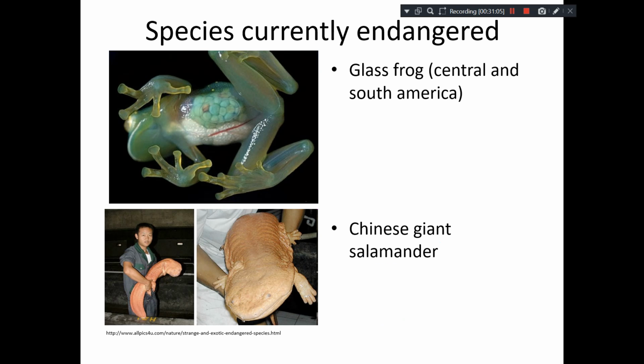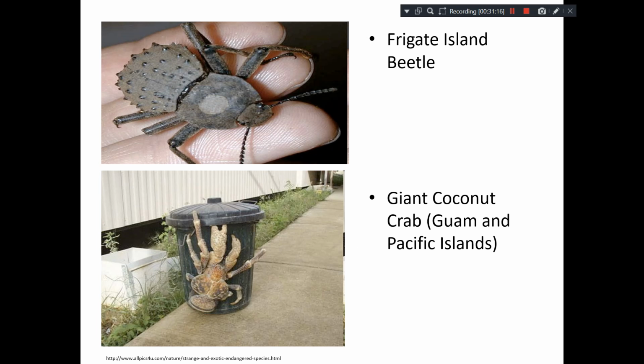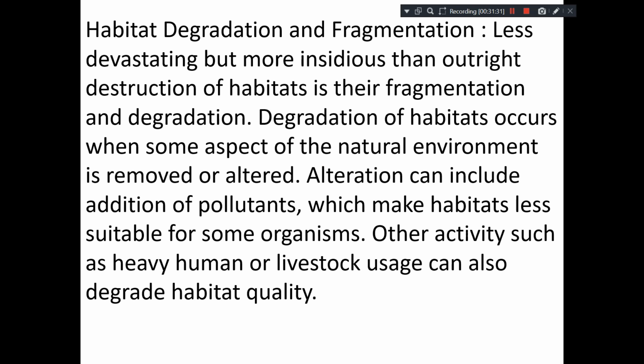For example, this glass frog of Central and Southern America and the Chinese giant salamander are highly endangered and are going to become extinct. Even the Frigate Island beetles and the giant coconut crab of the Pacific Islands are highly threatened, and shortly they will enter the list of extinction.